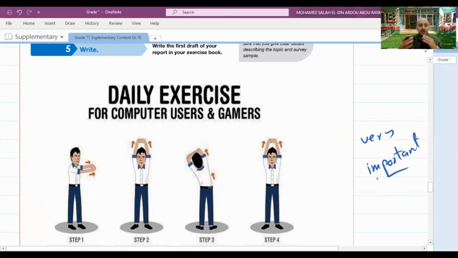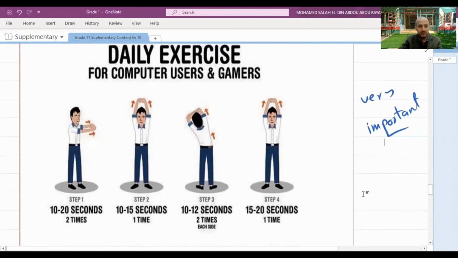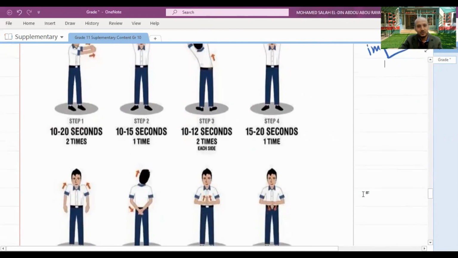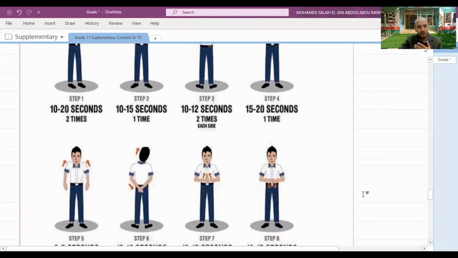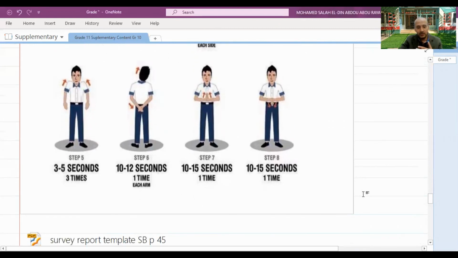Daily exercise, like 15 minutes or 20 minutes, you need to do some exercises because this will help you not feel unwell. It just takes 10 to 20 seconds. Of course, minutes is too much. So this is some sort of exercises. You can go to it later.